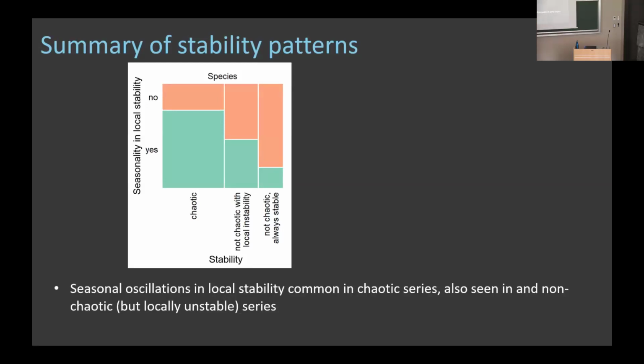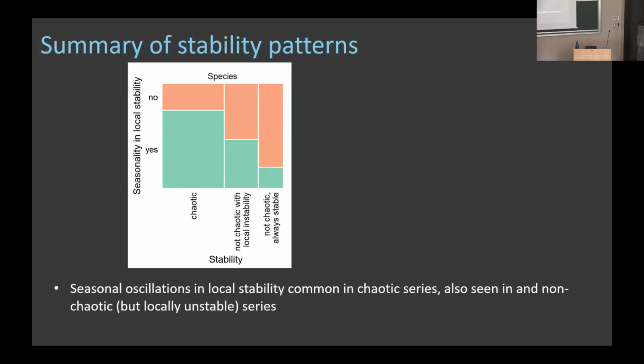Let me try and walk you through it, because I don't think these make that much sense. The horizontal axis here is telling us the frequency with which we see things being chaotic and having fluctuating stability. This is where things are not chaotic, but the stability does oscillate between positive and negative values. And then this is the frequency with which things are just always stable. So about a quarter of the time, things are stable.